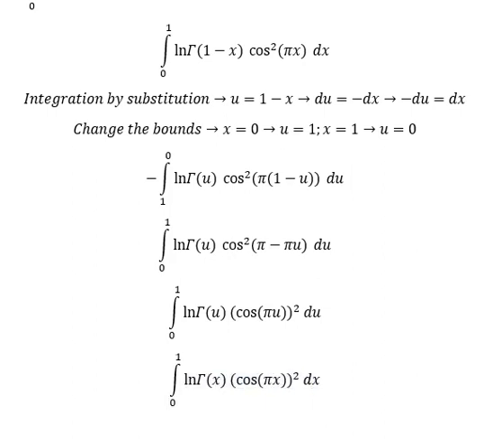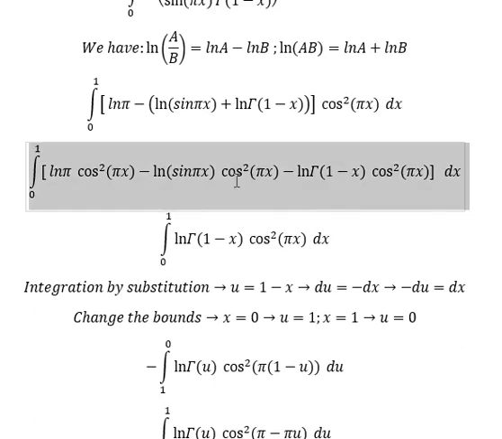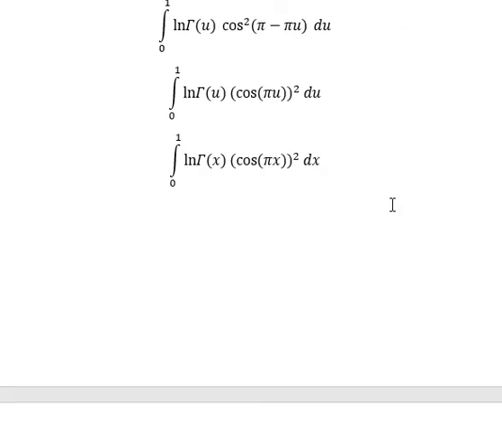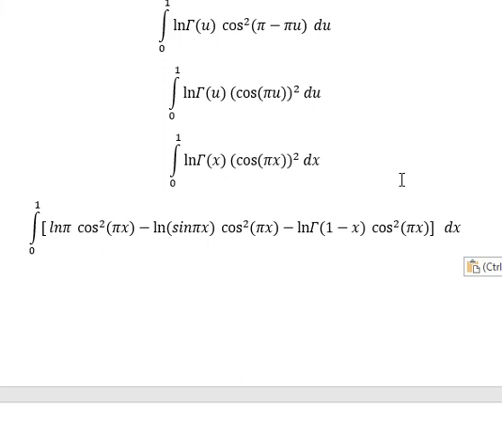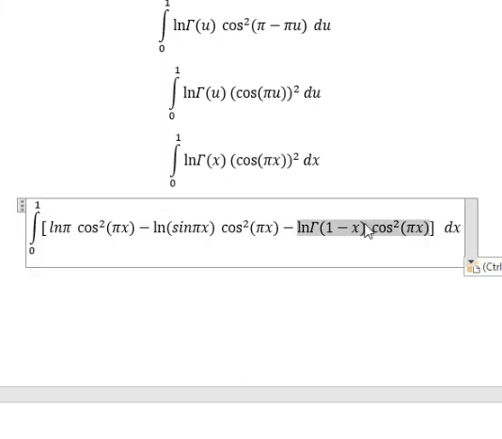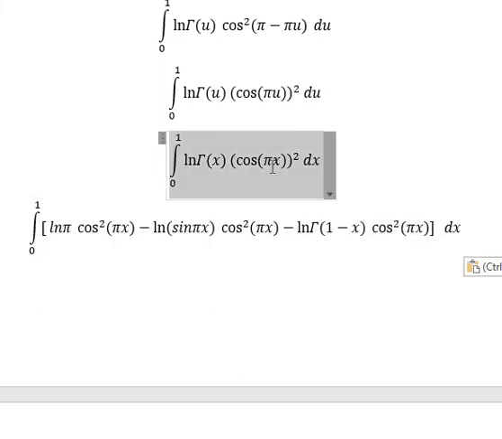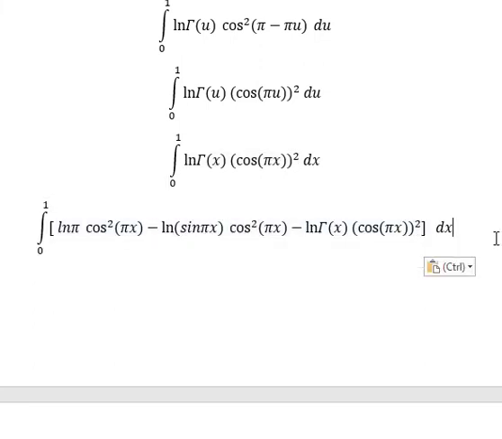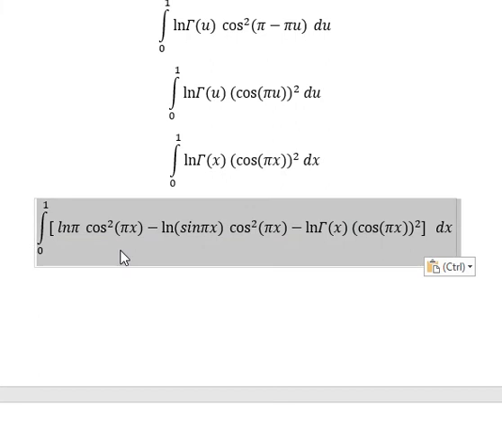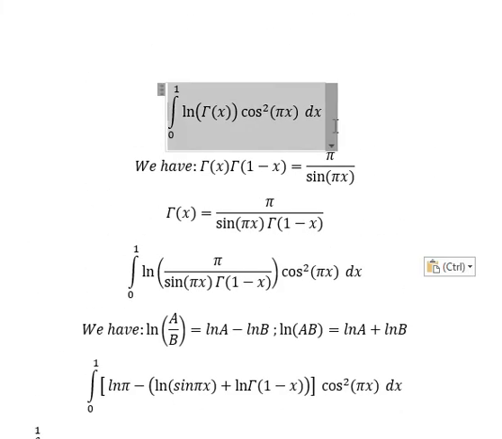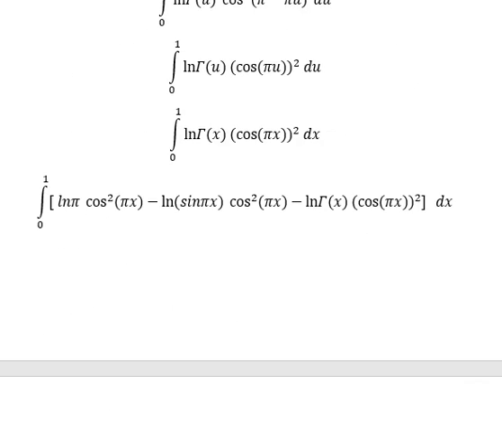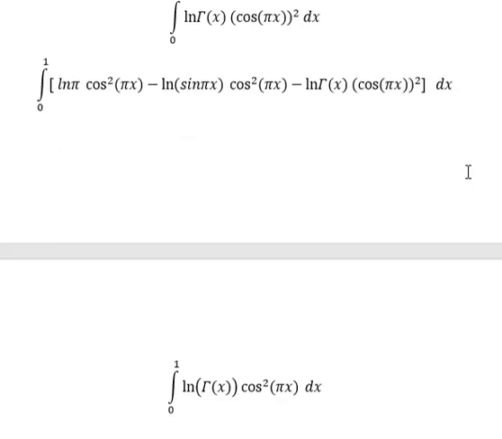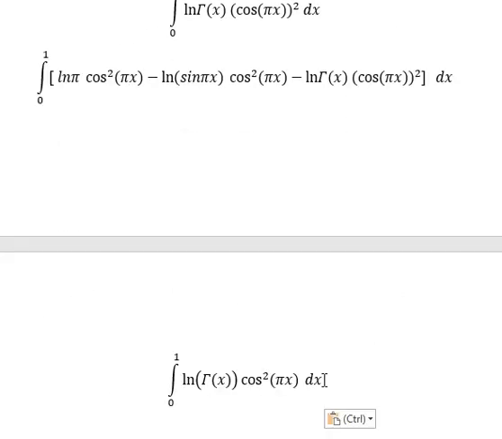Now we need to return back to this integration. We see that this one is equals to this one, so we put this one go in here. Now we know that this one equals to this one at the first time, so in this situation I will put this integration equals to I.